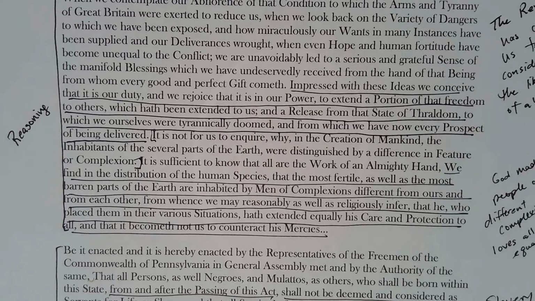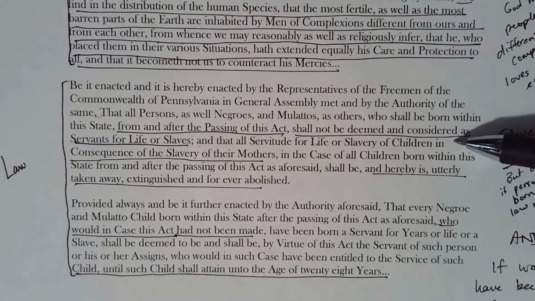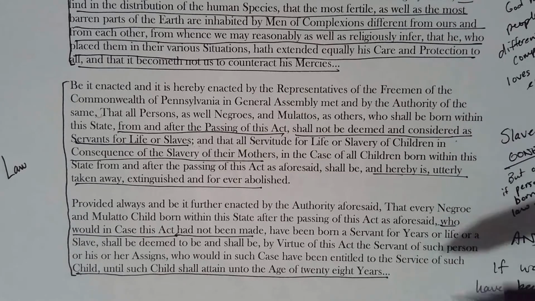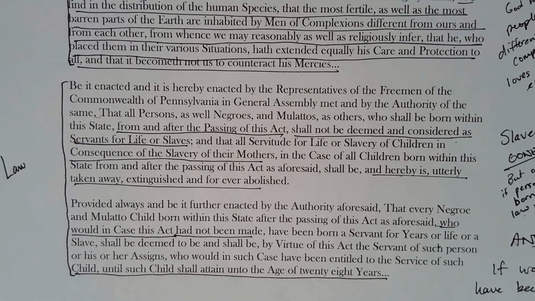God wouldn't want this for anybody. But then we come down here to the law itself, and he's saying, okay, we're not freeing anyone who is currently a slave, and also anyone who is born and would be free under this law, they have to be a slave until 28 years old.